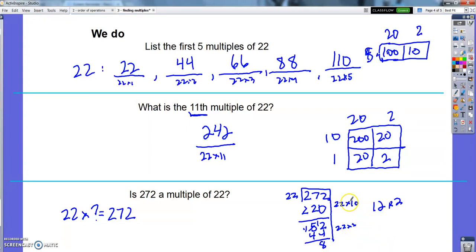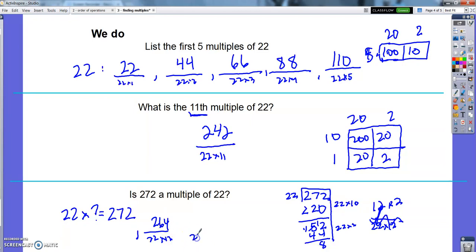I can tell from here, 22 times 12, let me write that over here. If I was listing out my multiples, 22 times 12 would have been, let's see, 220 plus 44, 264.